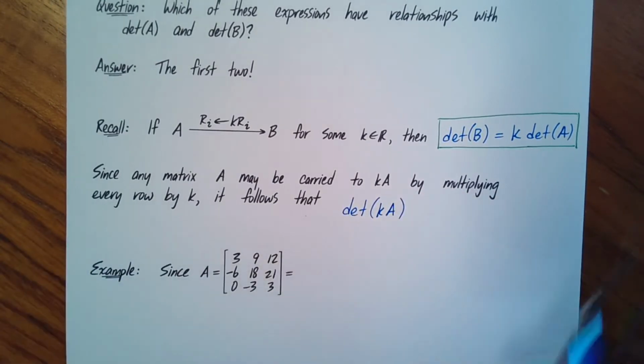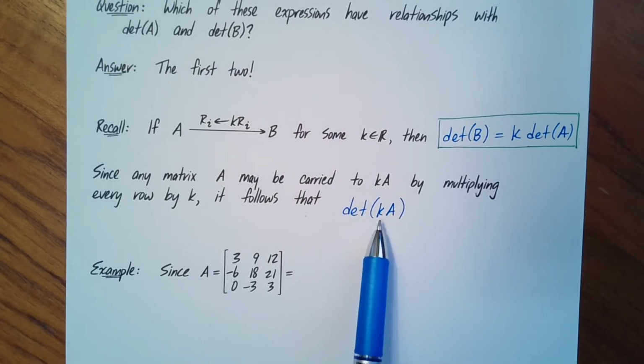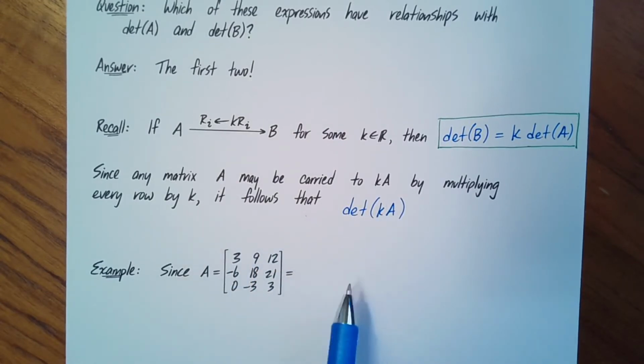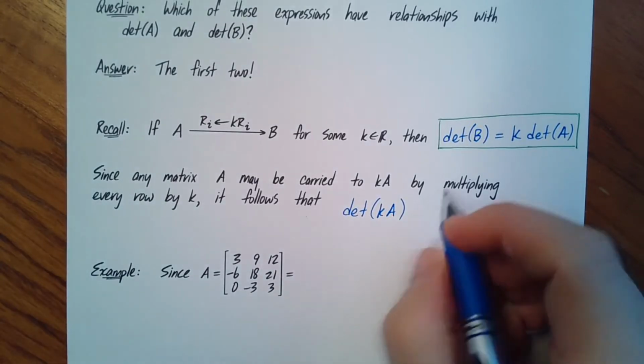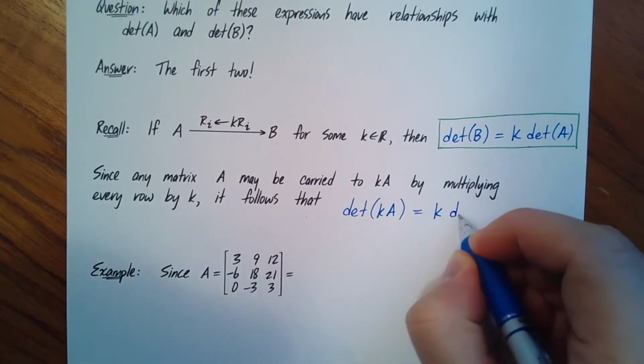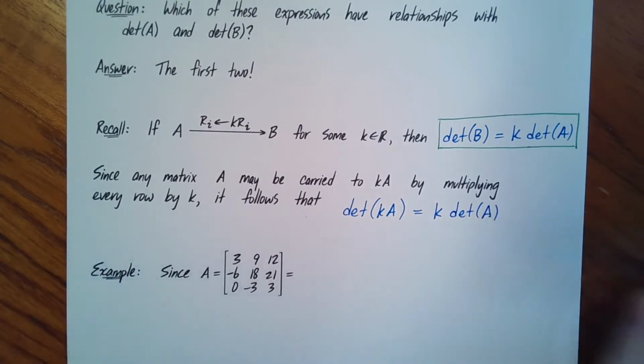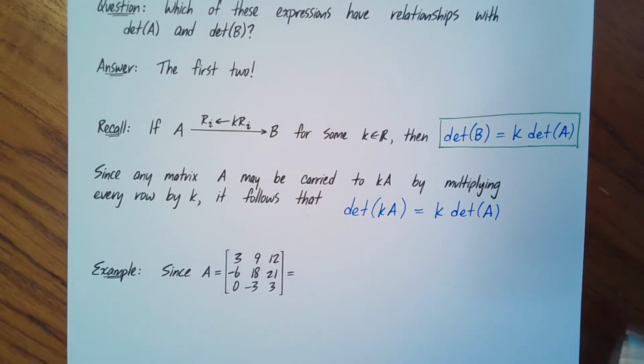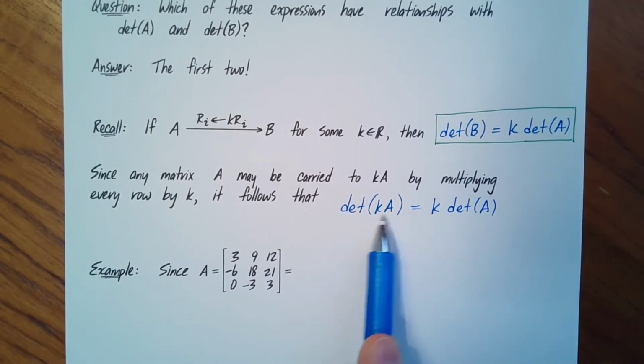the determinant of k times A, you can write it down in the following way. Because if you can turn A into k times A by multiplying each of the rows one at a time by the scalar k, and every time you multiply one of those rows by k, you're going to change the determinant by a factor of k. So you're not just going to do it once, but you're going to do it n times, once for every row of the matrix A. So if I were to write k times the determinant of A, that would be incorrect, because that would fail to take into account the fact that by multiplying the matrix A by the scalar k, you're actually multiplying every single row by k, not just one row by k.